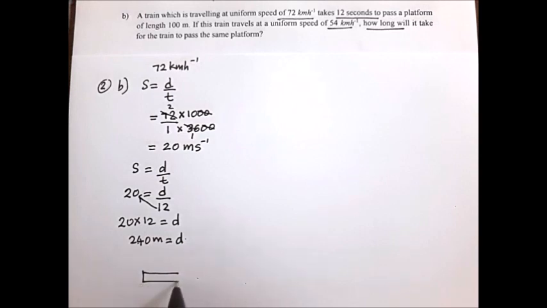If this is the platform and this one is the train, if this train passes this platform, it has to travel the total length of the platform plus the length of the train. This total length is 240 meters. So the length of the train is 140 meters.